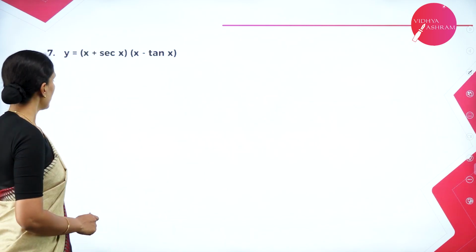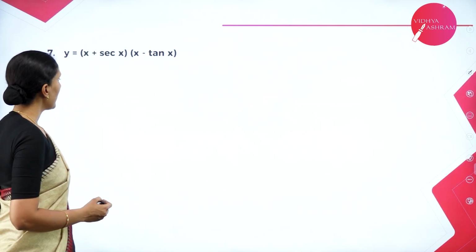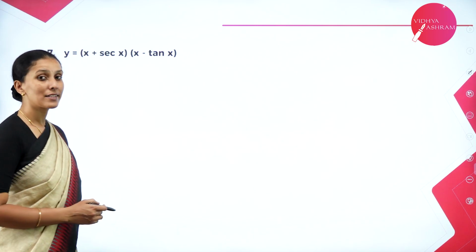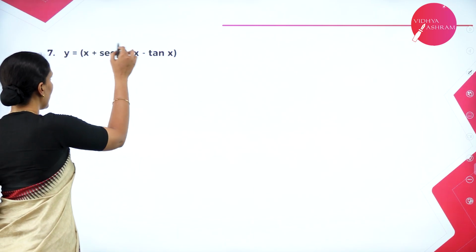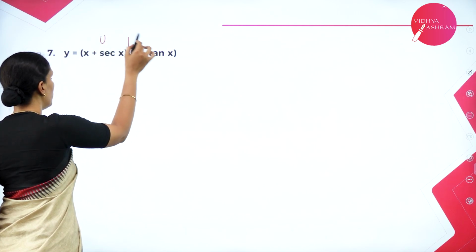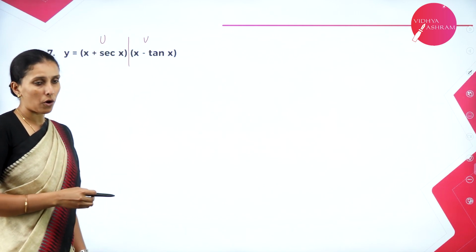Next question. y is equal to x plus secant x into x minus tan x. So, take this in the form of u, v and apply the product rule.